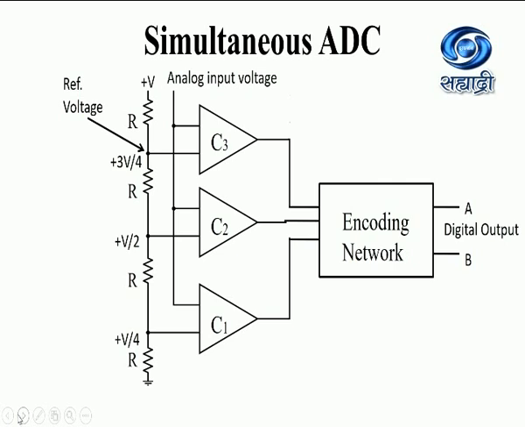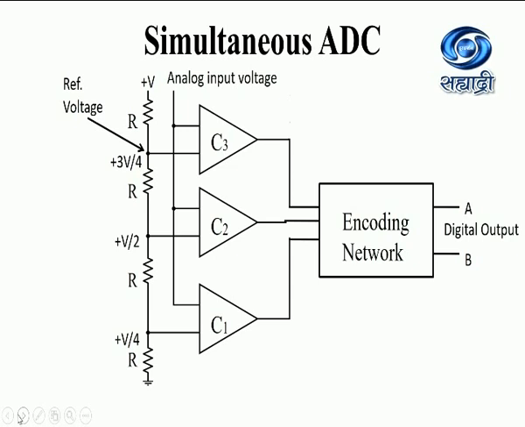This is the diagram of simultaneous ADC where 3 comparators are used, and a potential divider arrangement is given to get 3V by 4, V by 2 and V by 4 voltages as the reference voltage. The reference voltage is connected to the potential divider arrangement and the analog input voltage is connected to the comparator.